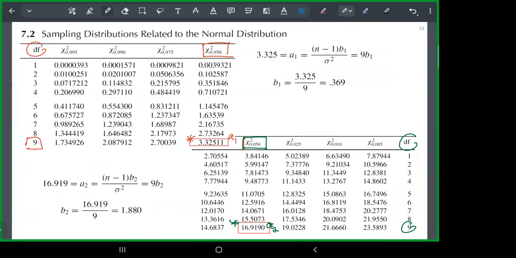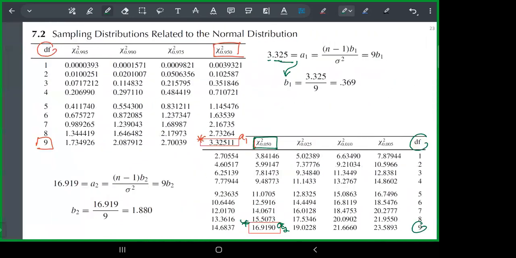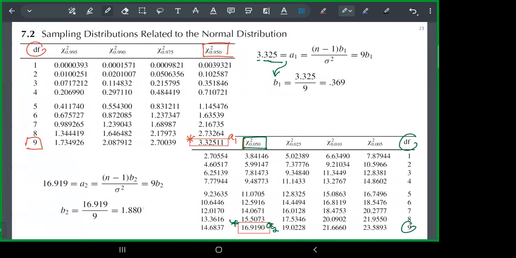So when I have this A1 of 3.325, I can plug it back in and reverse, to calculate the B1 in the previous page. Cool? Because A1 is just this, and this one just links you back to B. So that's all I have to reverse. Same thing happens to the A2 of 16.91.